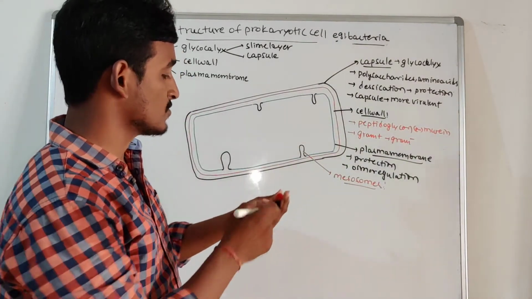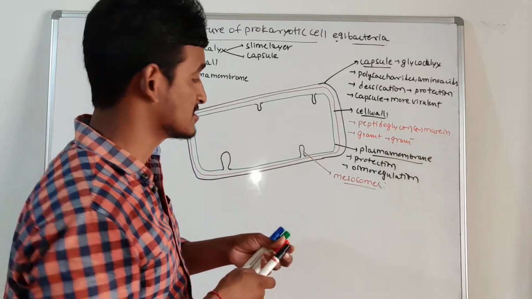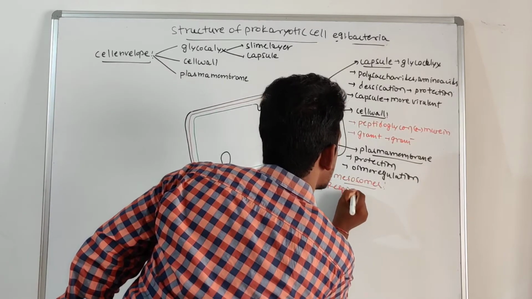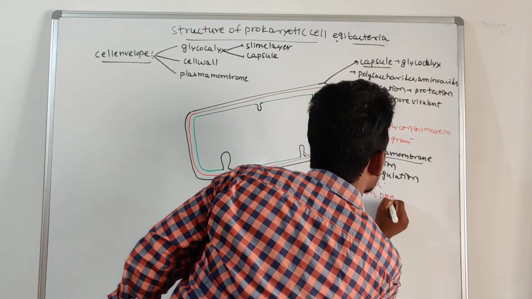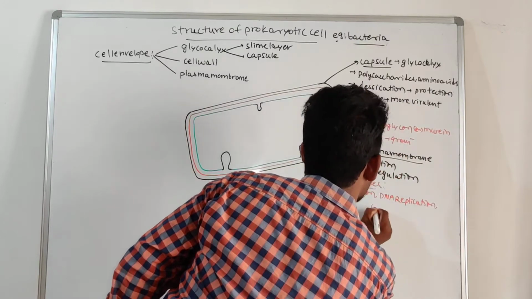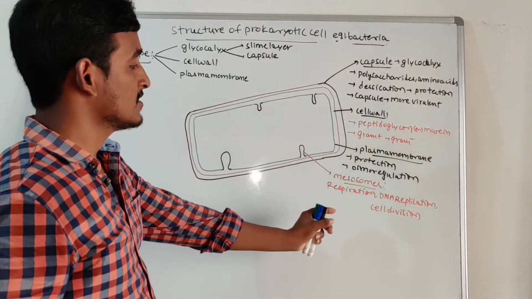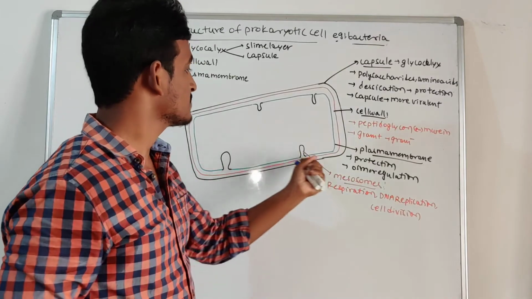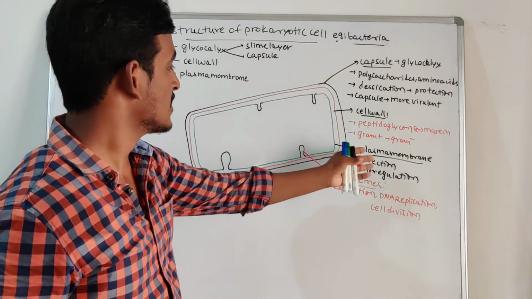What is the use of mesosomes? They help in various functions like respiration, DNA replication, and cell division. So these functions are performed by mesosomes, which are inward foldings of the plasma membrane. So that is about the plasma membrane.